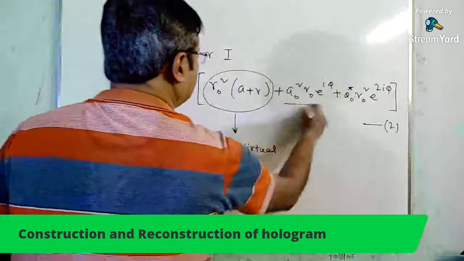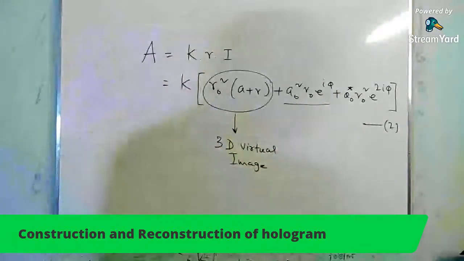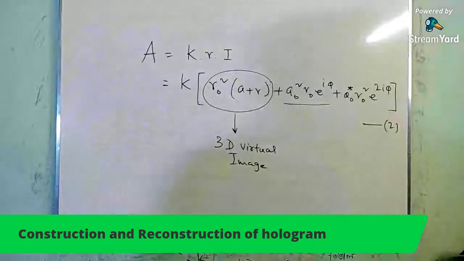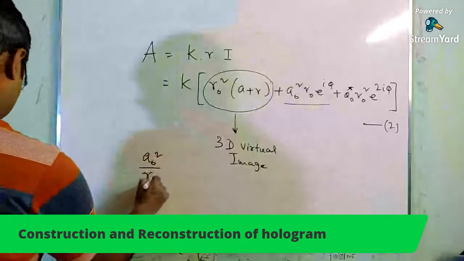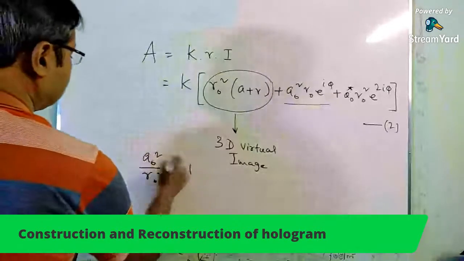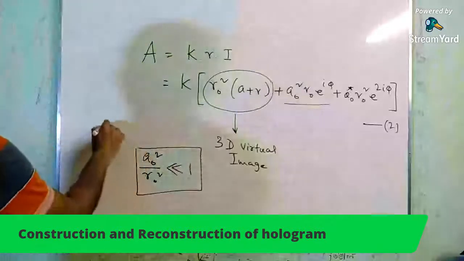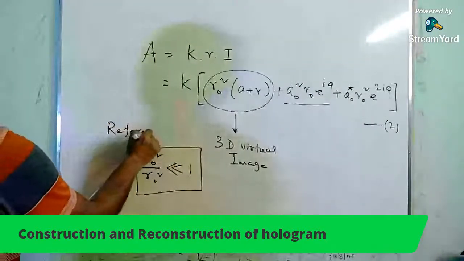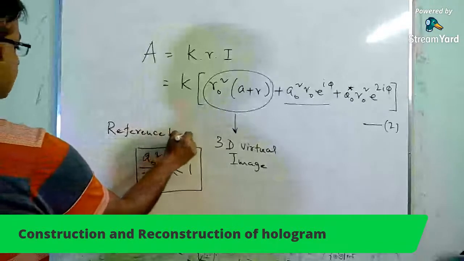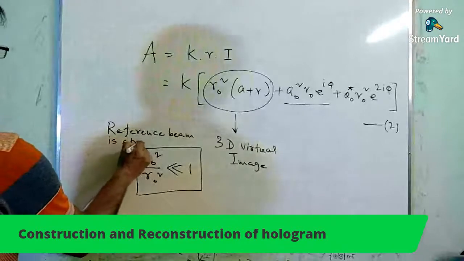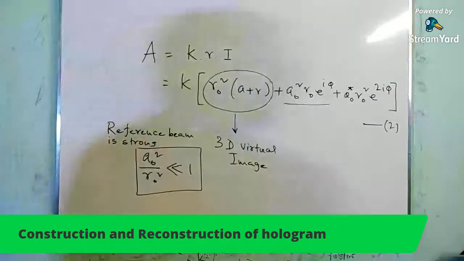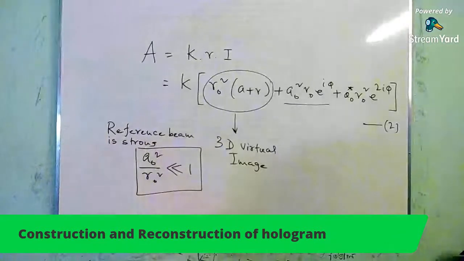Now let's move on to the second term, that is A0 square R0 e to the power i phi. If the reference wave is strong, that is the intensity of the reference beam is higher, then A0 square by R0 square is very small compared to 1.